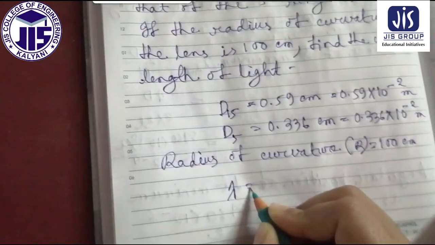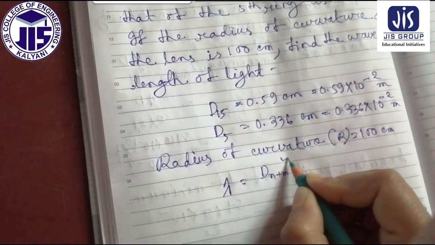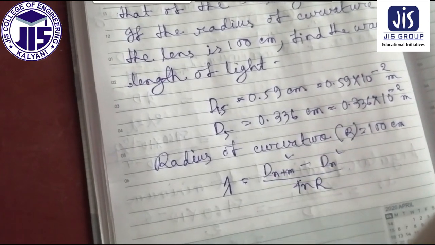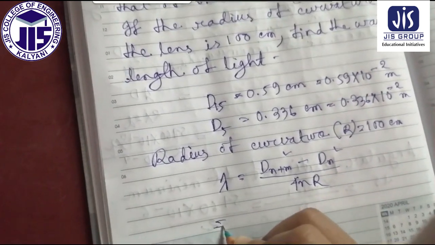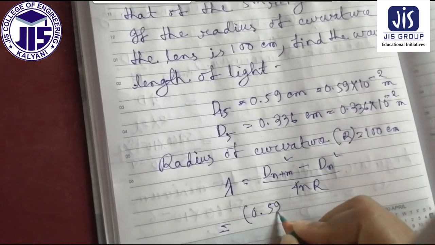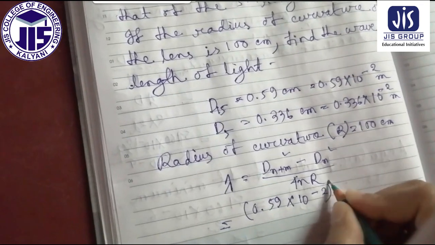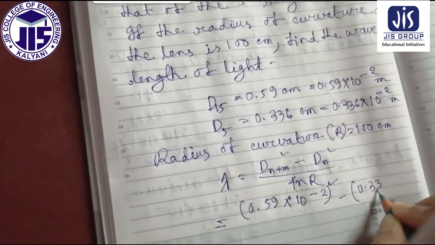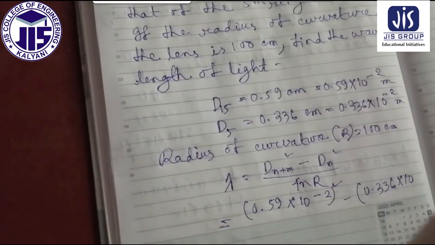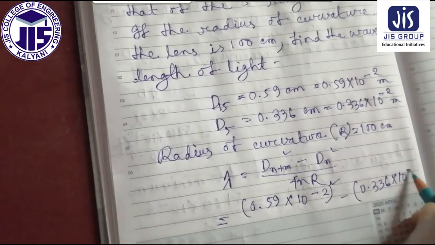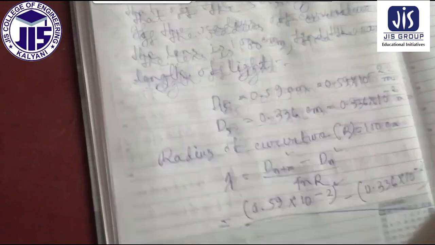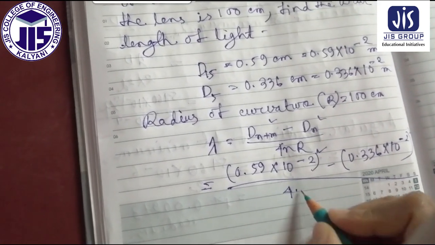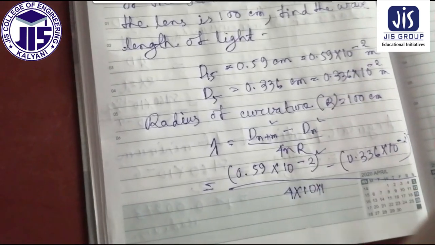The formula is lambda equal to (D_{n+m} square minus D_n square) divided by 4 m R. So if we put the values, then (0.59 into 10 to the power minus 2) whole square, minus (0.336 into 10 to the power minus 2) whole square, divided by 4 small m. Small m is also given, that is 10, and R is 100 centimeter, means 1 meter.